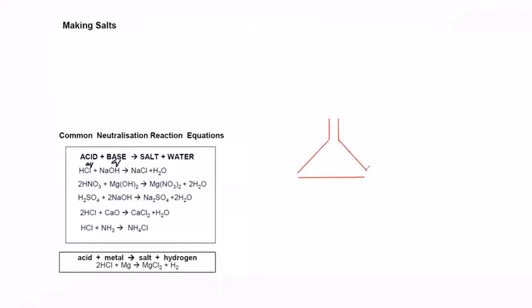For example, we fill the measuring cylinder with acid. It can be any acid, hydrochloric acid or nitric acid. In this example, we are using hydrochloric acid, so we measure a specific volume of hydrochloric acid and transfer that into a conical flask.